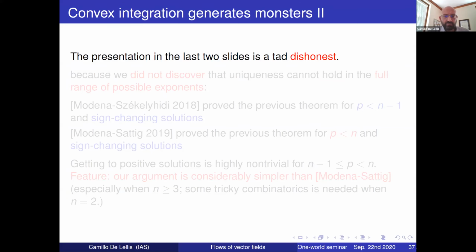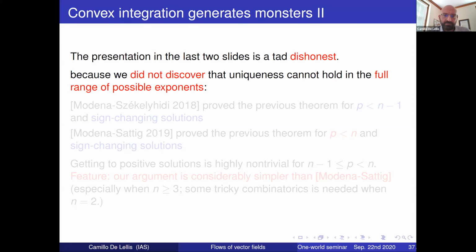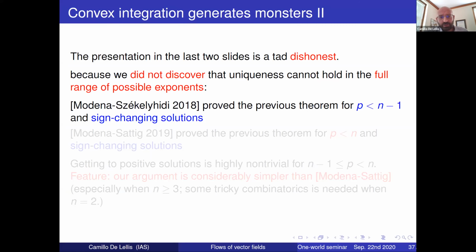Okay, so let me get very briefly to the literature which was there before. As I said, the last slide is actually a little bit dishonest, because I should have first cited the Modena–Székelyhidi results, in which they prove similar theorems for sign changing solutions.